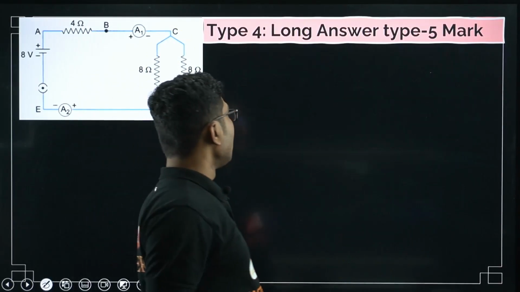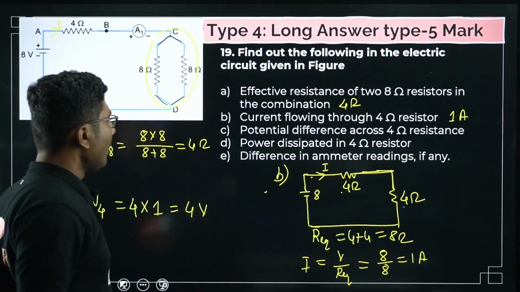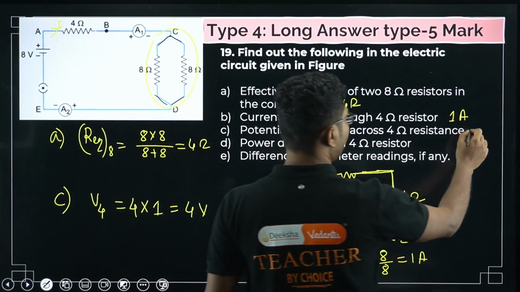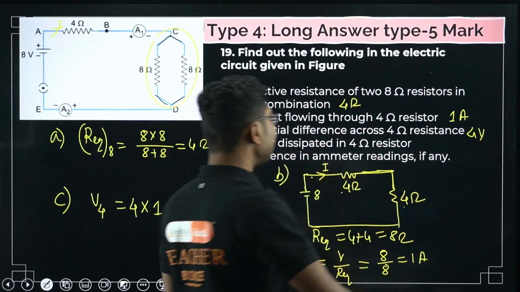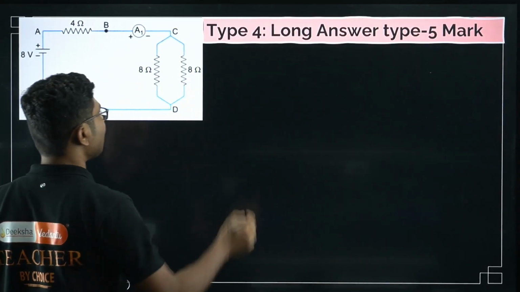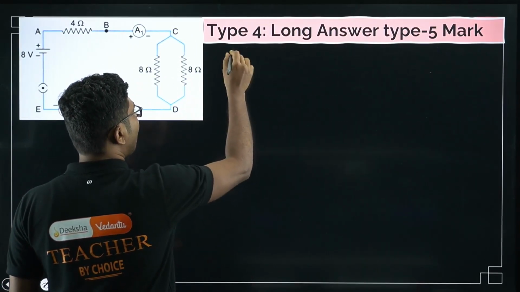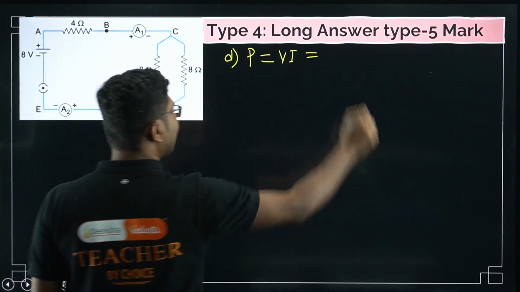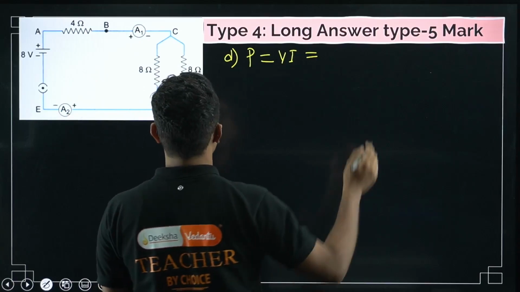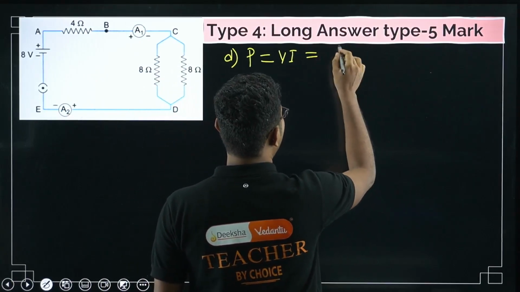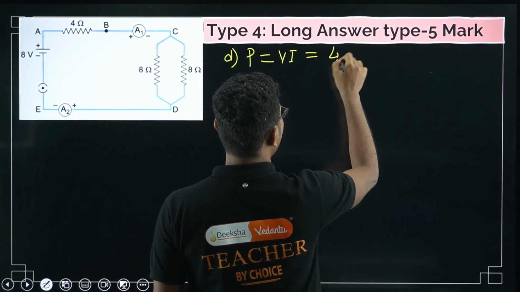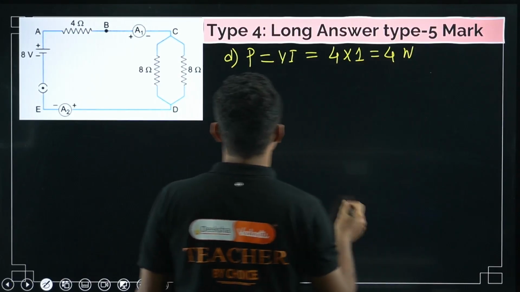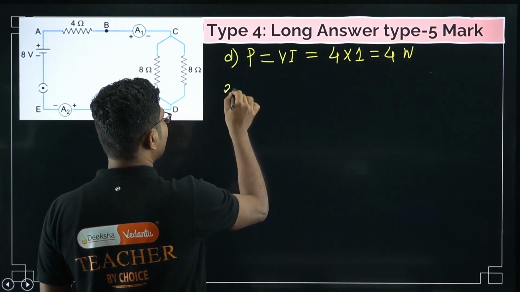Now the next question was the power dissipated in the 4 ohm resistance. We know that power is VI. The voltage is 4 volt, current is 1 ampere, so 4 watt. Okay, 4 watt is the power dissipated.